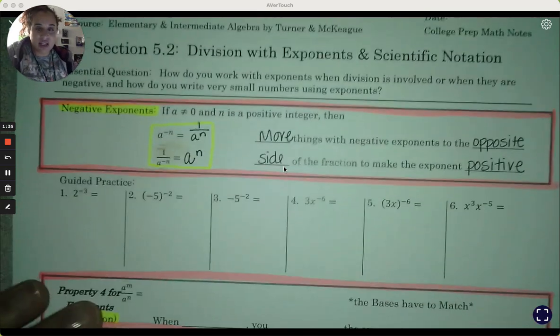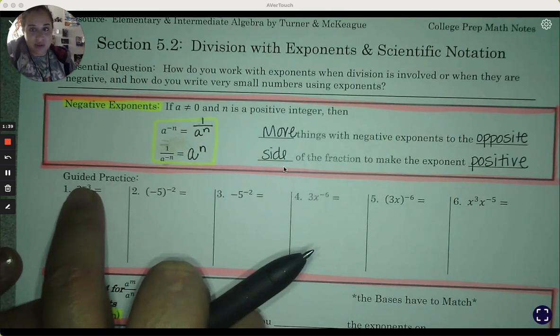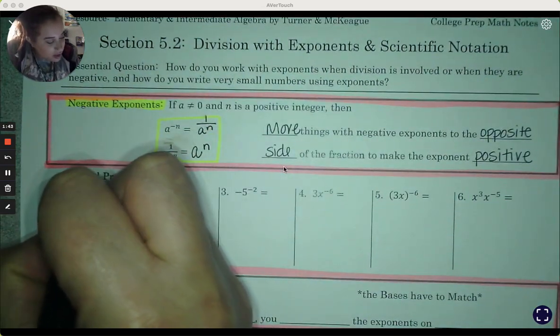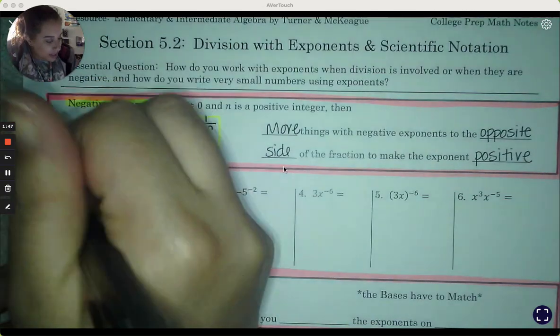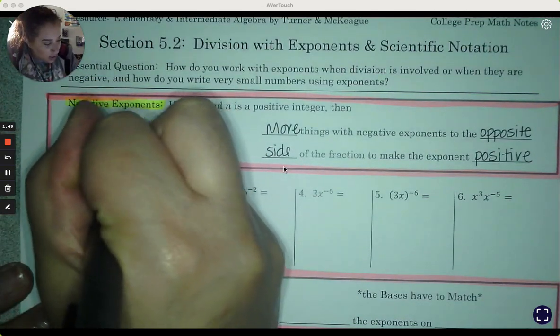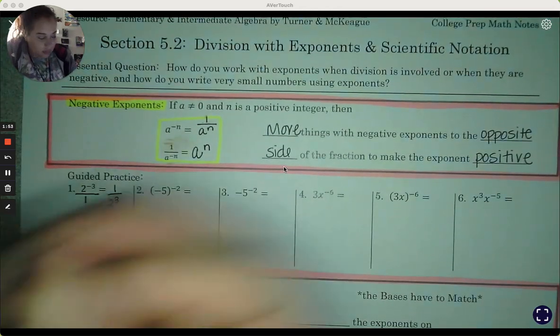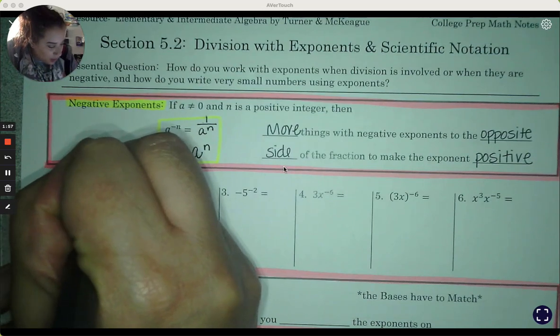All right, so we have 2 to the negative third power. So it's a negative exponent, so if this was over 1, I need to move it to the bottom. Okay, so that's the same thing as 1 over 2 cubed, which is the same thing as 1/8.